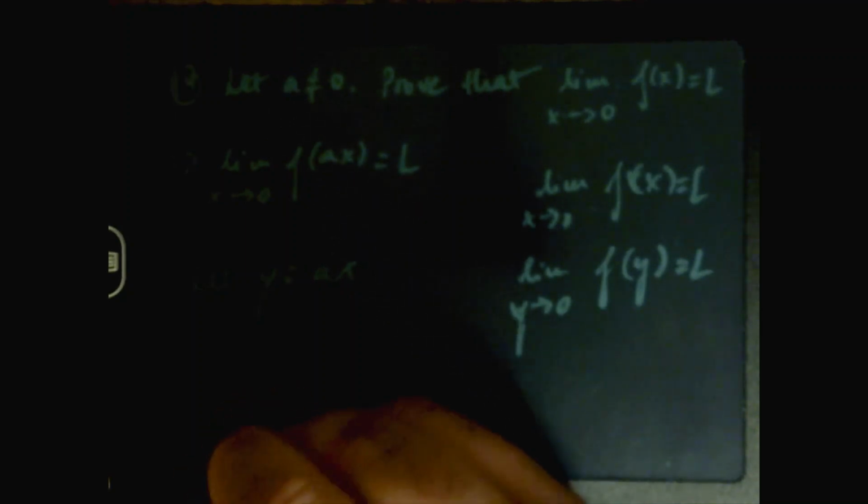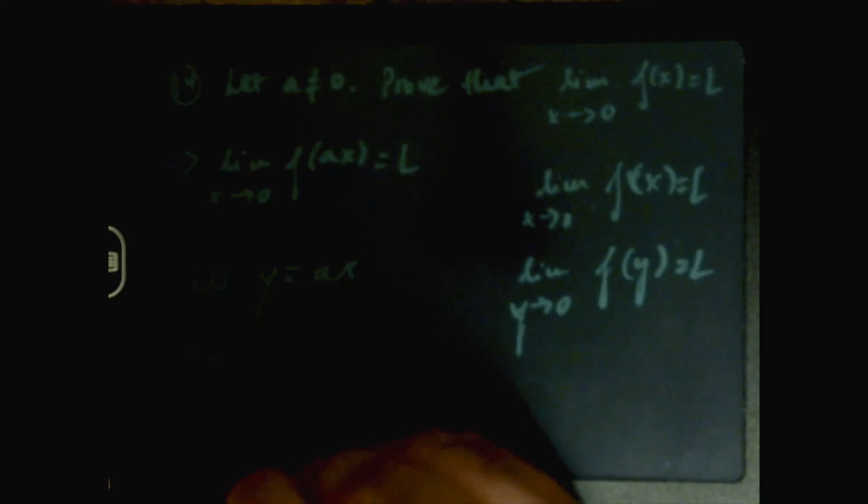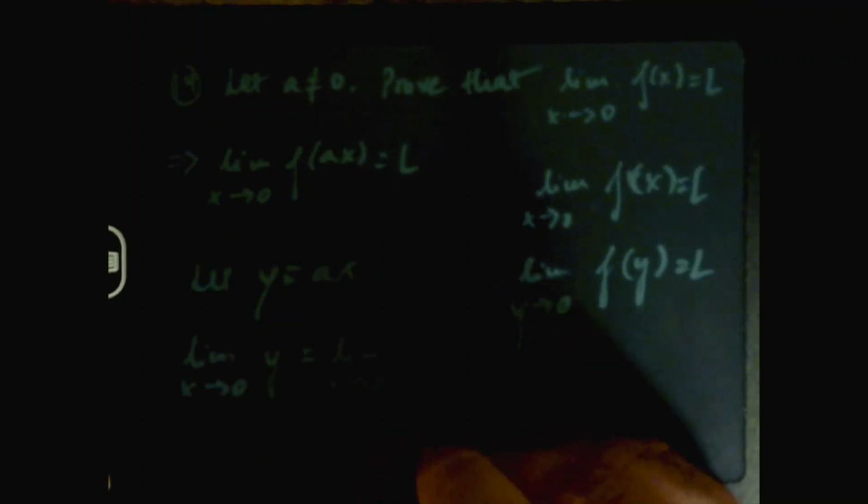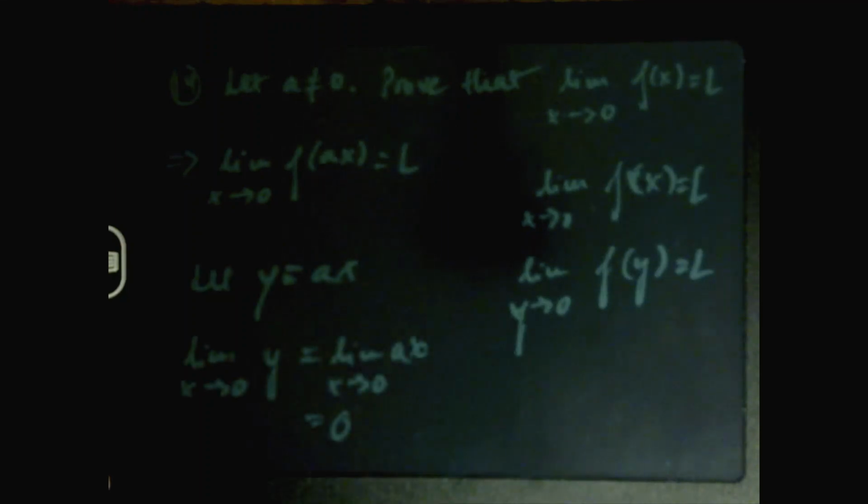The limit as x tends to zero of y equals the limit as x tends to zero of ax. And a is just a constant, and x is arbitrarily close to zero. So what is that? That is just zero. So basically, as x tends to zero, y tends to zero.